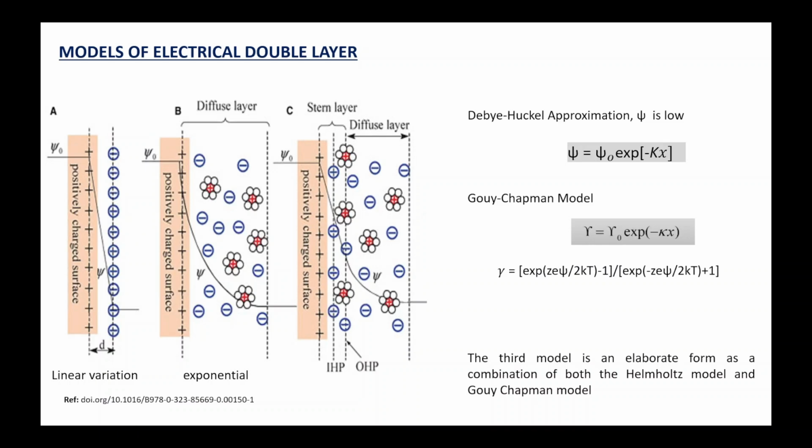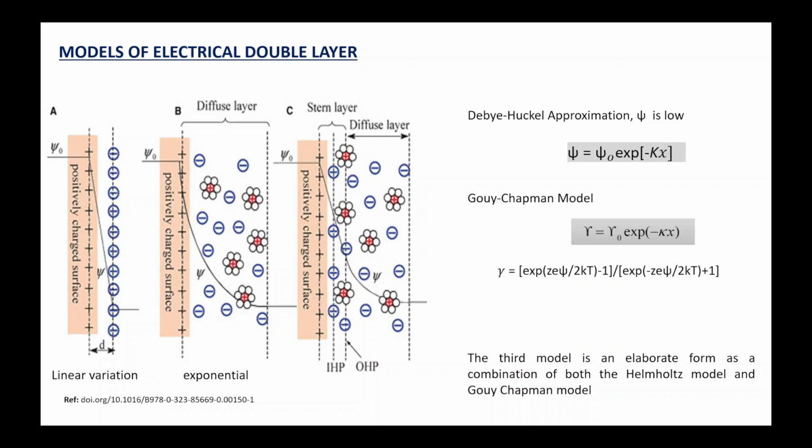So the potential that you see in the Stern layer, at the point where there is a transition from the Stern layer to the diffusive layer, is called the zeta potential. And beyond this, in your diffusive layer, that potential is called psi d.